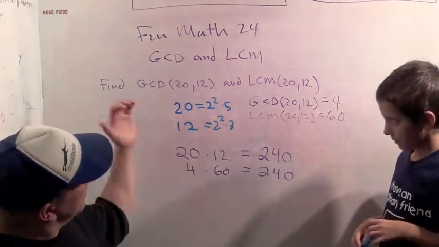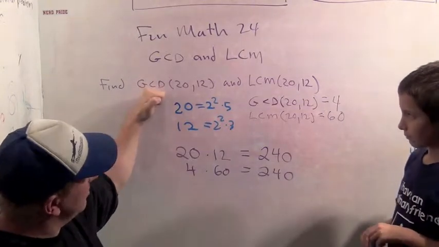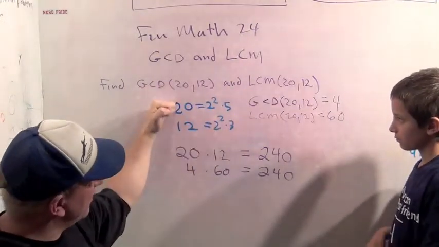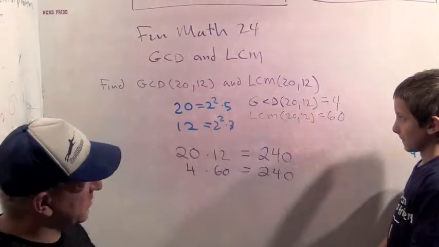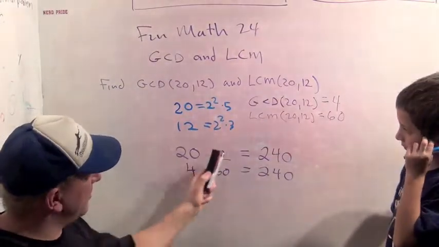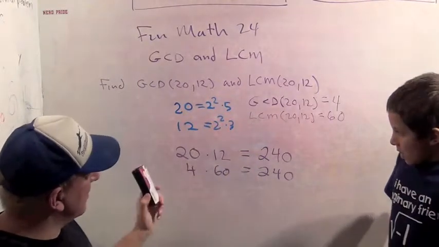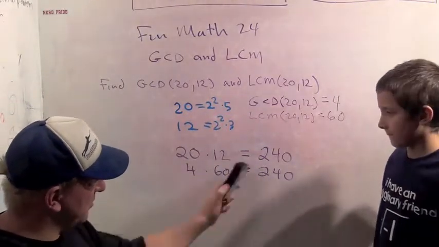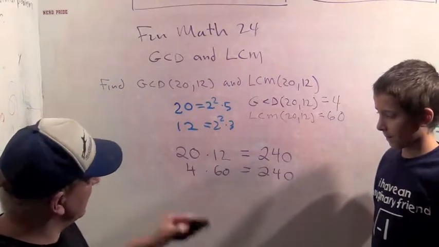Okay, so fun little problem. Find the greatest common divisor, find the least common multiple. 20 and 12, we found the greatest common divisor was 4, the least common multiple was 60, and then we just happened to notice that when we take our two numbers and multiply them together, we get 240. And when we multiply the greatest common divisor and the least common multiple together, we get 240.